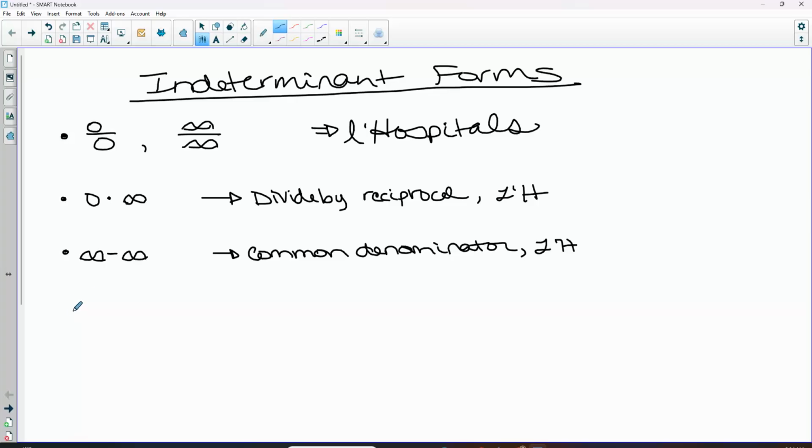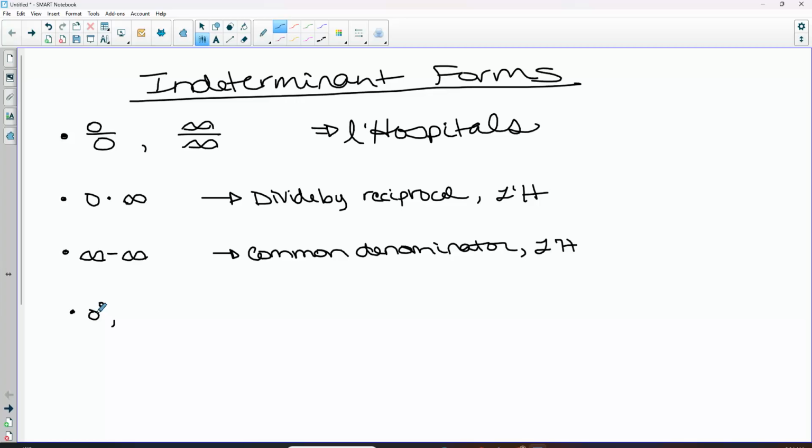Then we got into our final type, which was the indeterminate powers. So our powers, if we have 0 to the 0 power. Okay, the reason that's indeterminate, 0 to any power is 0, but anything to the 0 power is 1.